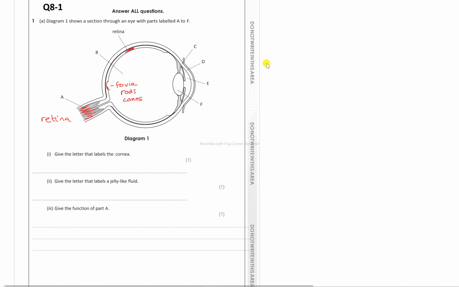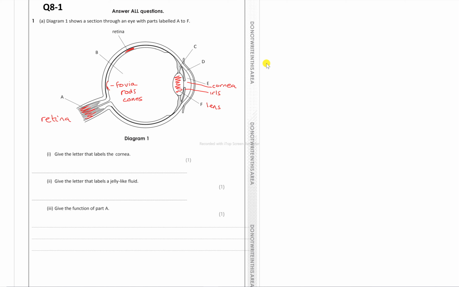We know this is the lens. You know that this here is the iris. You know this here is the cornea. Let's write cornea.